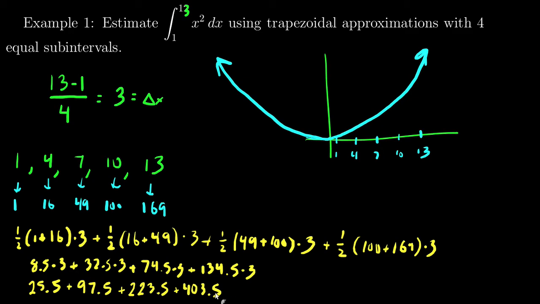And now I just add all these up. 0.5 plus 0.5 plus 0.5 plus 0.5 gives me 2. Then adding the rest, I'm getting 750.